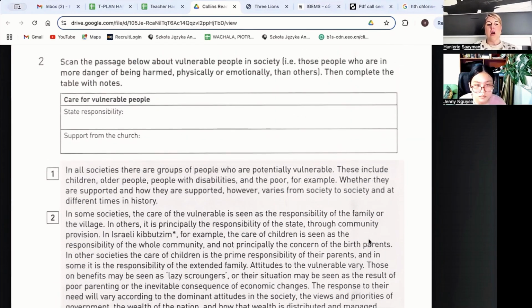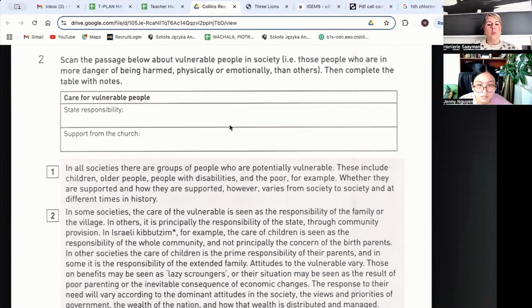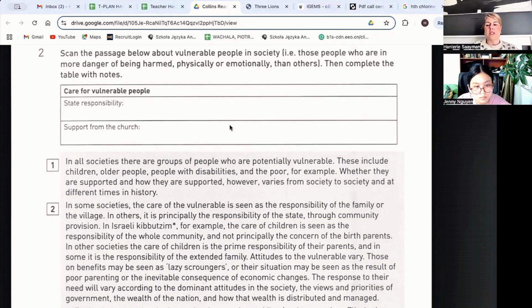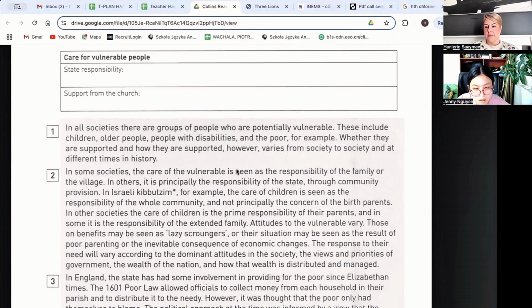Okay, so now, care for the vulnerable people, the state's responsibility, support from the church. So, what is the state's responsibility? So the community, for example, the care of children may be seen as the responsibility of the whole community and not the concern of both parents.